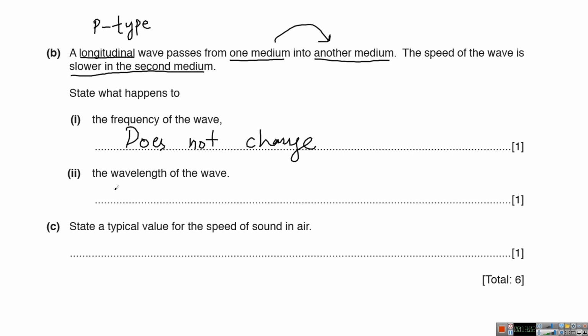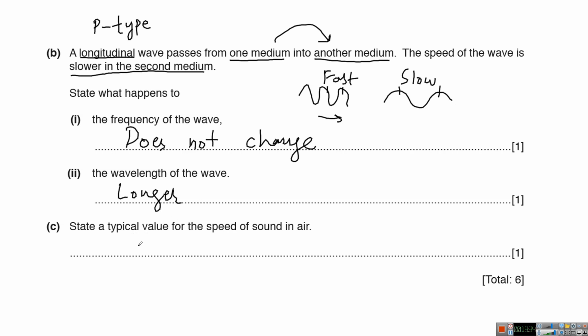Since the wave is going slower, the wavelength has to be longer, right? It would become longer than before. So let's say if a wave was going like this, then this is faster, then it should go like this, right? This is fast and this is slow. So apparently the wavelength is now longer, keeping the frequency the same. So this is the difference, right?